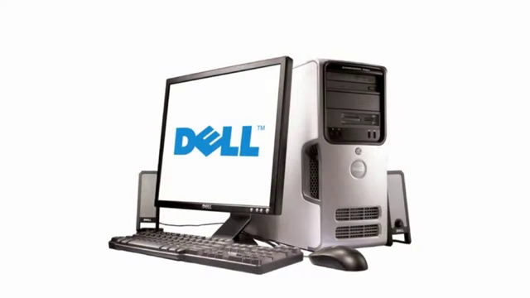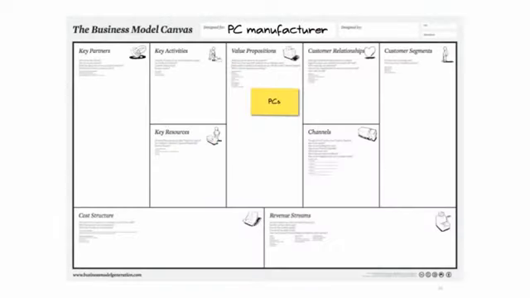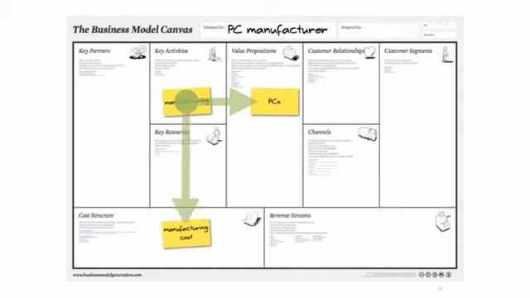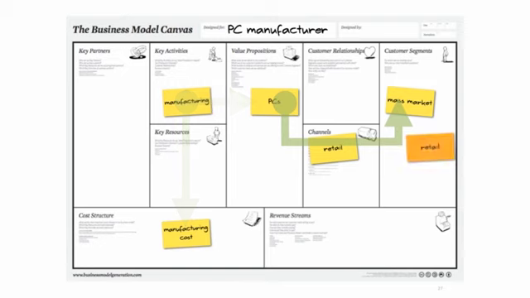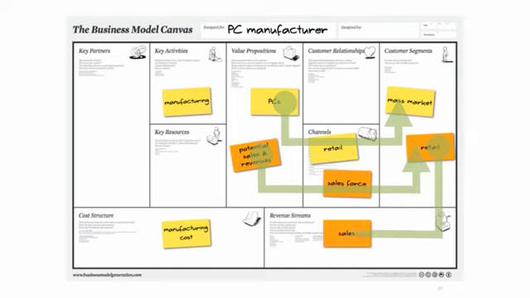Let's look at the PC industry before Dell came in and disrupted this. This is how the PC industry worked. PCs were manufactured, obviously producing a lot of manufacturing costs, and were sold through retail to the mass market. In fact, to model this correctly, the real customers of the PC manufacturer is retail, and they earn money from retail, who pay them for the computers bought.